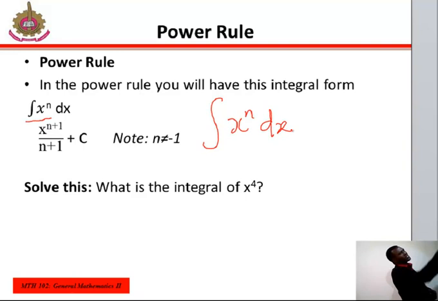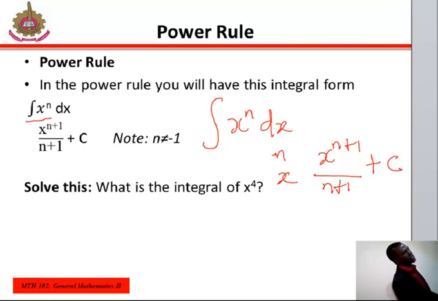In this case, n is the power, while x is the function. So if you are to integrate this, what you are going to have is x to the power n plus 1, all over the sum total of the power, which is n plus 1, plus constant c.